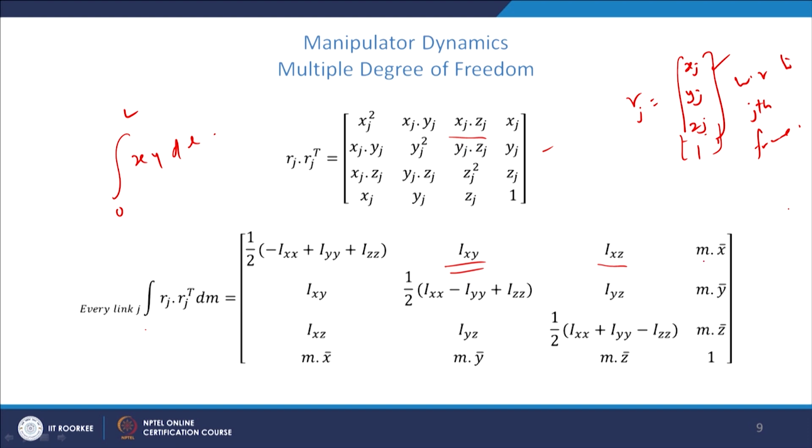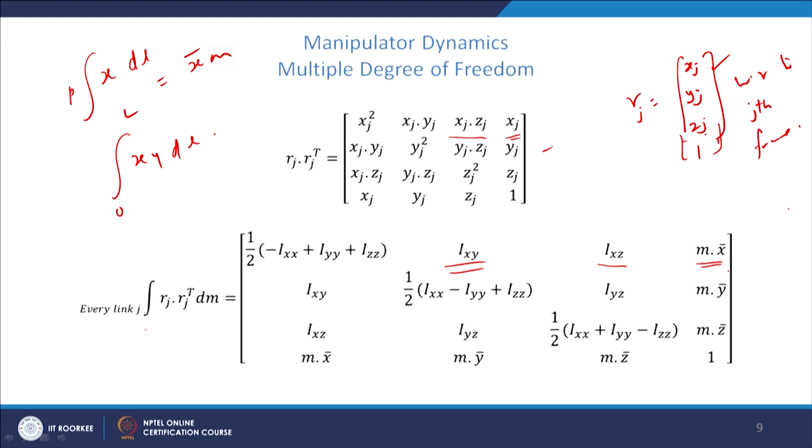So when we do the integration we get inertia with respect to the xy plane and here inertia with respect to the xz plane. When we integrate the last one from 0 to L dl, this will give the total mass of the link, because we know that integral of x into dm, multiplied by the uniform density, gives the x coordinate of the center of mass of that particular link multiplied by m.